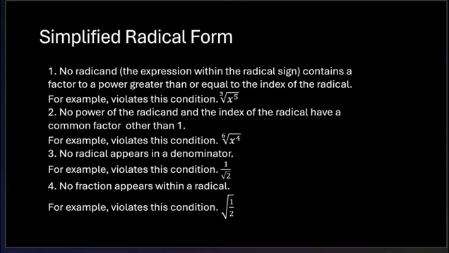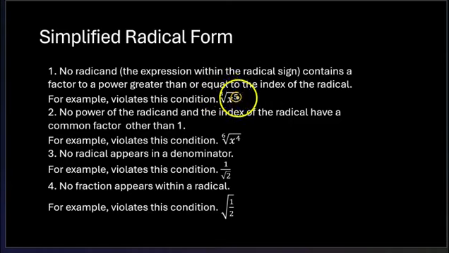Now, how do we know if a radical is in simplest form? These are the 4 rules that we have to check. First, no radicand has a factor or a power greater than the index. So this is a violation, because this is still greater than the index.